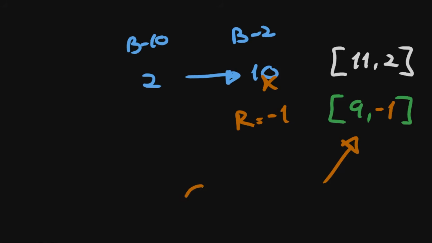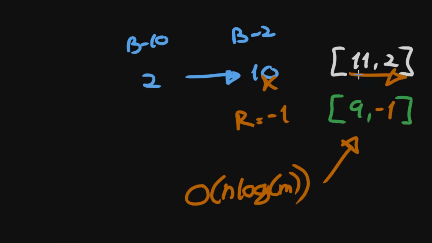Time complexity here is big O of n log m, where n is the number of elements in the array. Remember that for each of these we have a result, we need to return this array, and m is the maximum number here. Why? Well, because this number has the largest amount of bits, and iterating bits requires log time complexity.